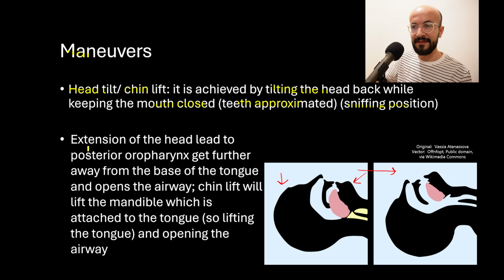Now tilting the head, which is extension of the head, leads to the posterior oropharynx getting further away from the base of the tongue and opens the airway. Chin lift, on the other hand, will lift the mandible, which is attached to the tongue.